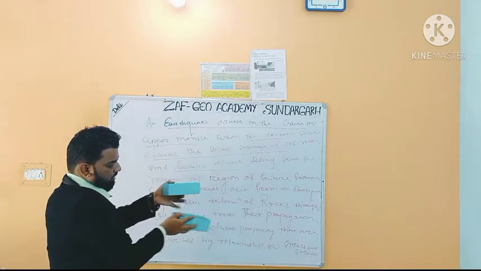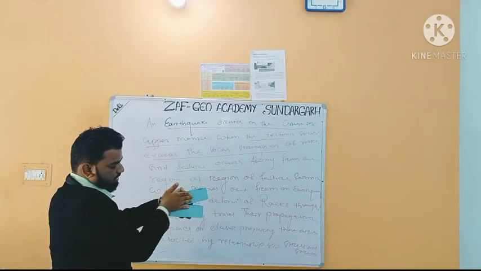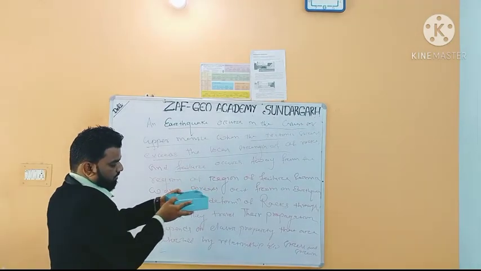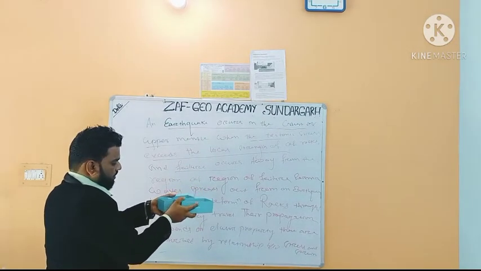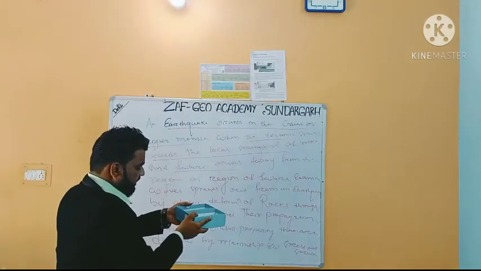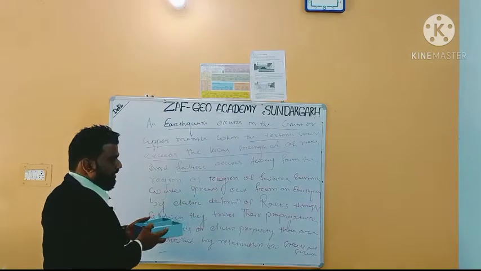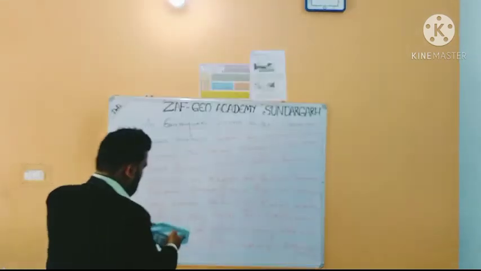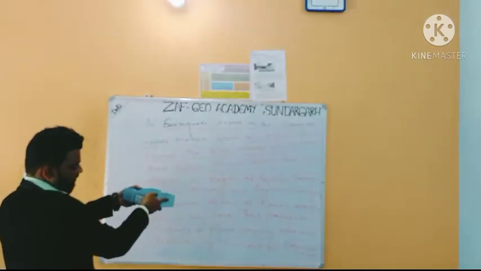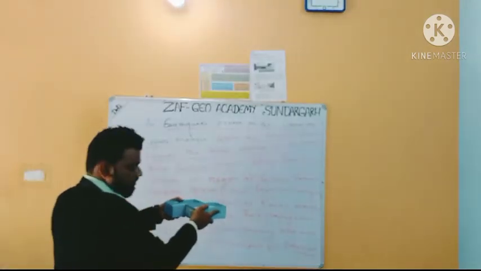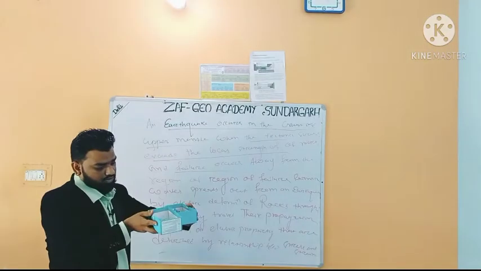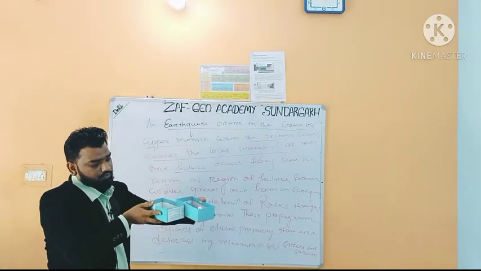So at this point the stress is accumulating, and friction is also there. Due to this stress and this friction, the rock will fail. When the rock fails at some point, the earthquake will occur. It is like this. Okay.